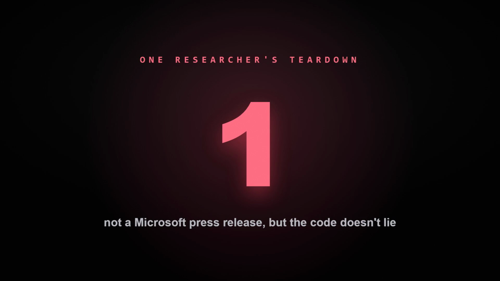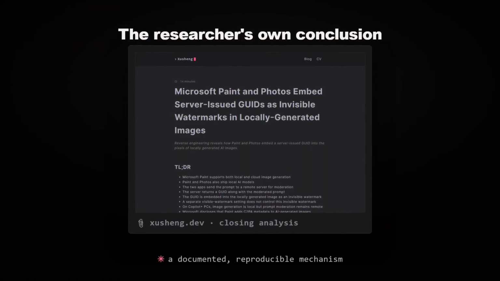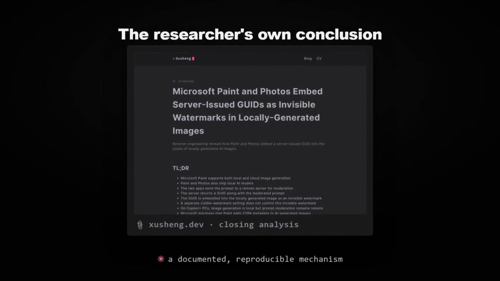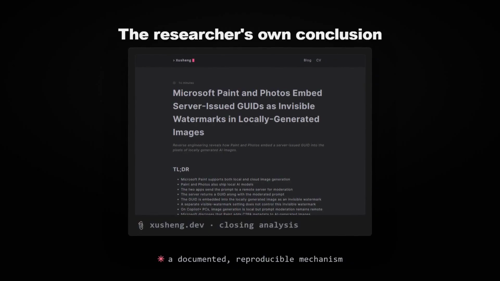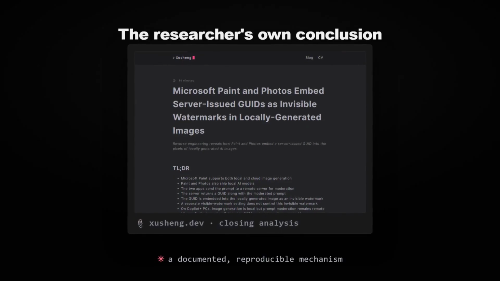But when your own code enforces an exact byte count, that's not a rumor. The researcher's own write-up doesn't even try to call this a conspiracy. It calls it exactly what it is: a documented, reproducible mechanism. No leaks needed, no insider tip required. Just a disassembler, a packet capture, and code that speaks entirely for itself.